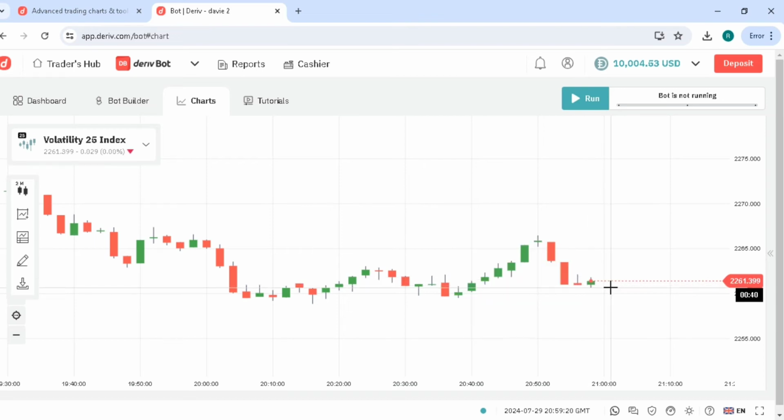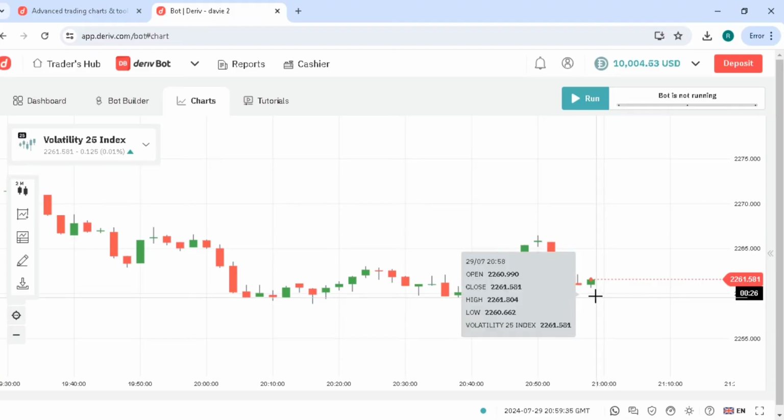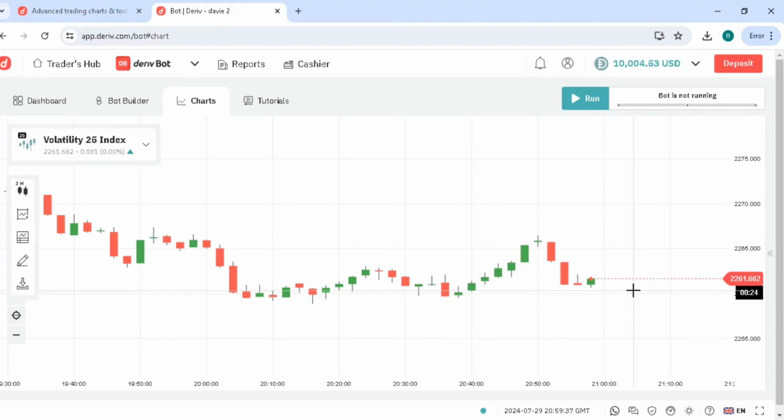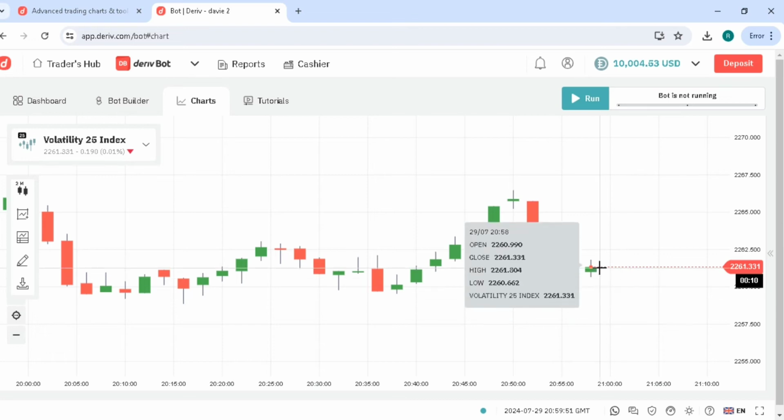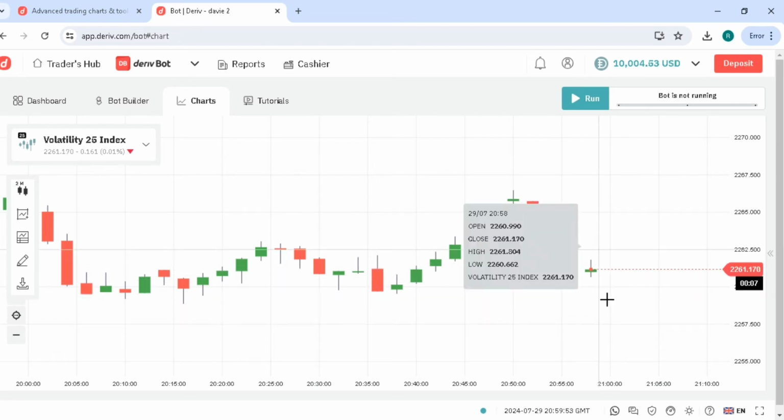So if it was a rise market, we would run our bot at which point? Let's wait and see. This is V25. So we would wait until it is completely covered. It still has a small wick. We wait until the wick is completely covered and the candlestick grows at least once.